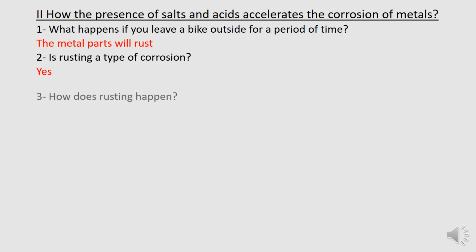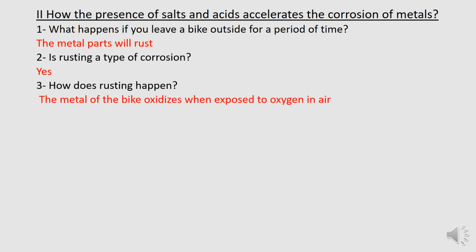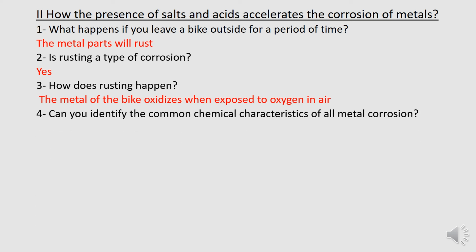The third question, how does rusting happen? The answer will be the metal of the bike oxidizes when exposed to oxygen in air. The fourth question, can you identify the common chemical characteristics of all metal corrosion? The answer will be the transfer of electrons from metals to oxidizing agents.